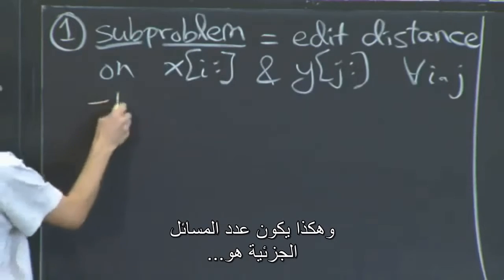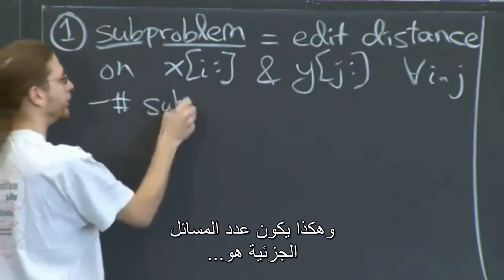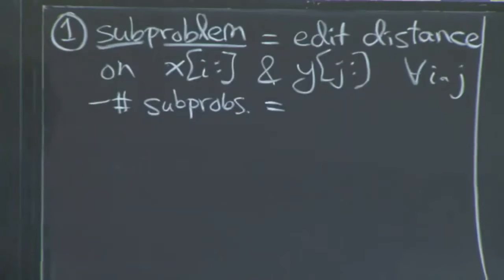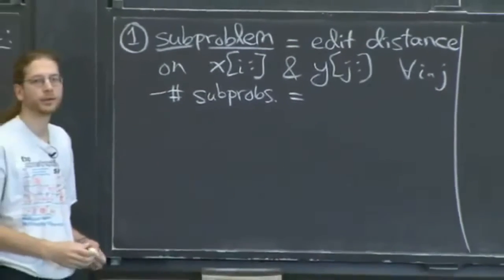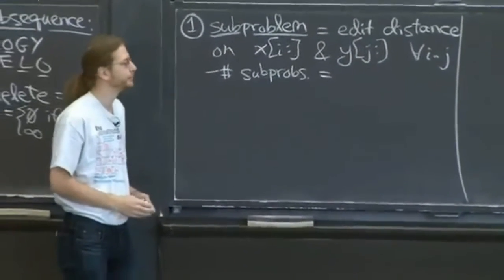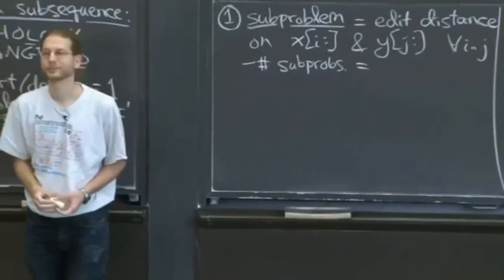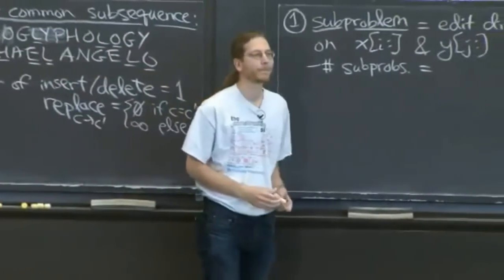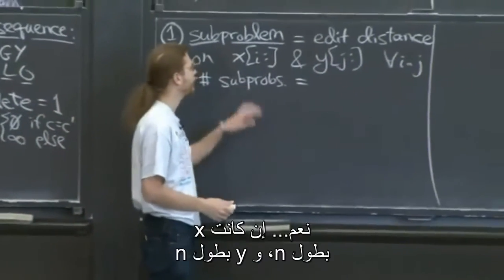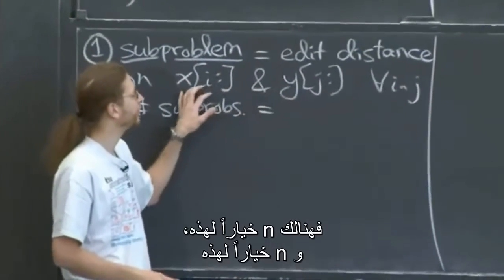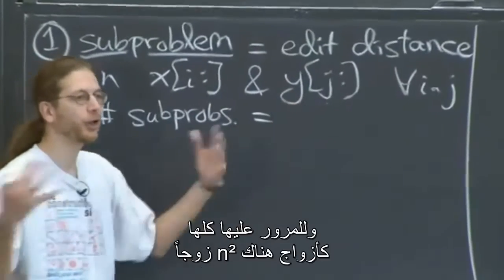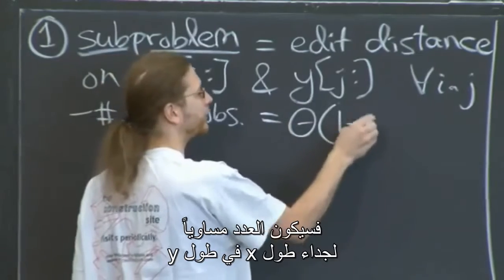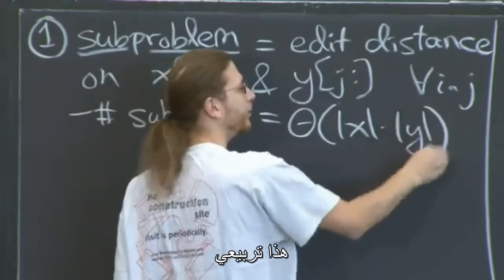And so the number of subproblems is n squared. Yeah. If x is of length n and y is of length n, there's n choices for this, n choices for that. We have to do all of them as pairs, so there's n squared pairs. In general, if they have different lengths, it's going to be length of x times length of y, but it's quadratic.